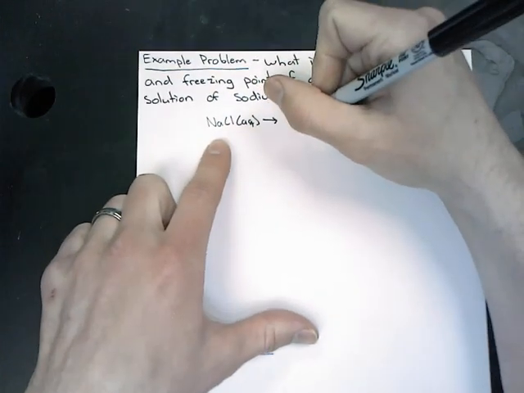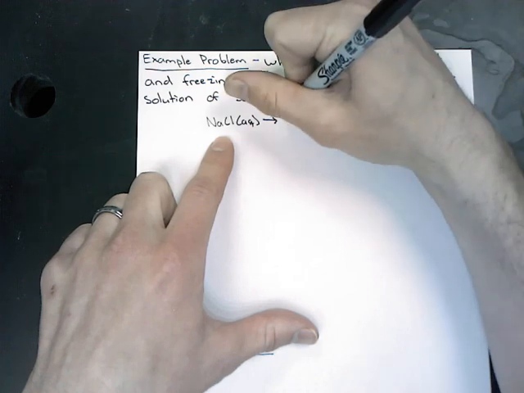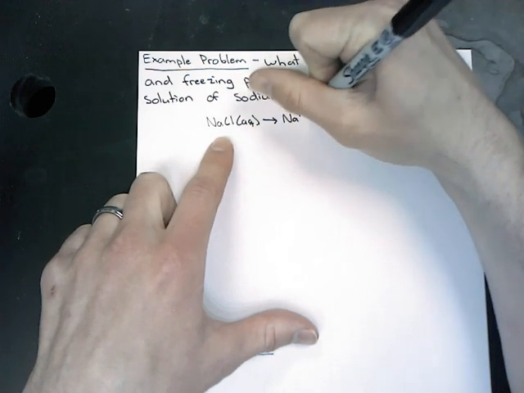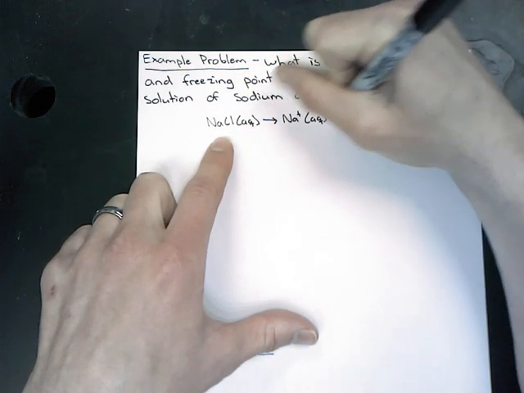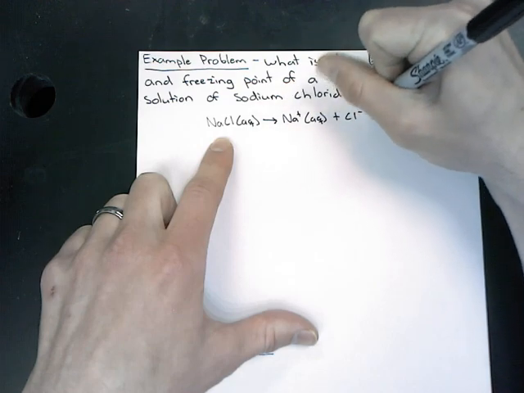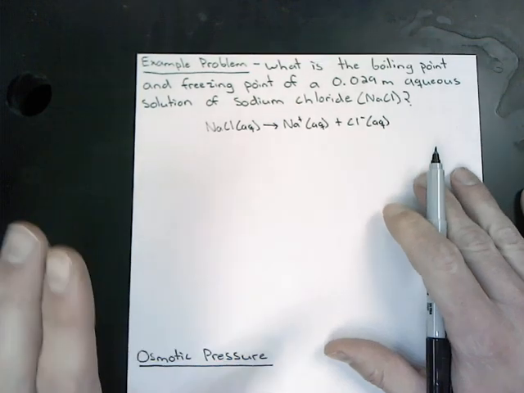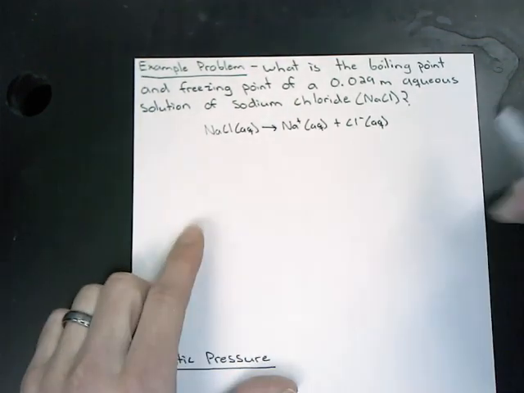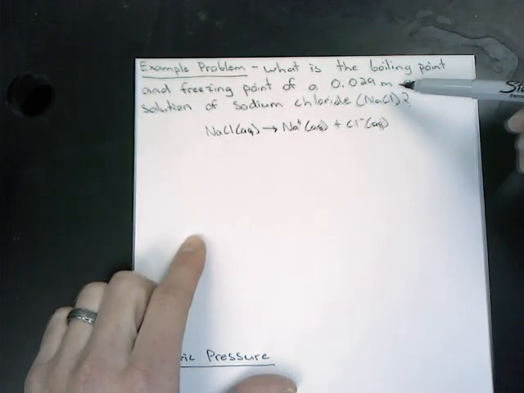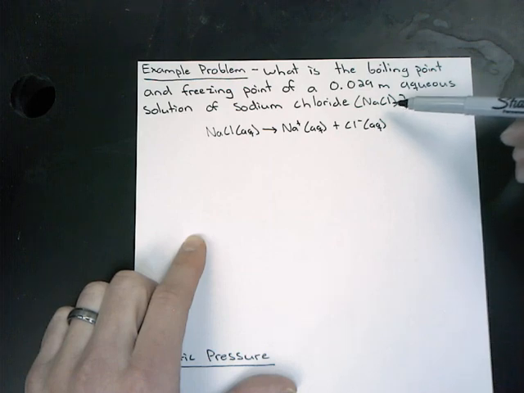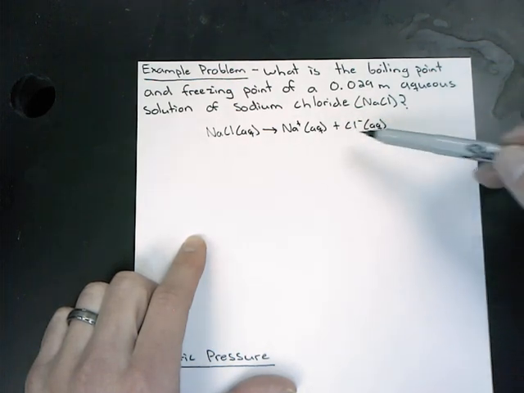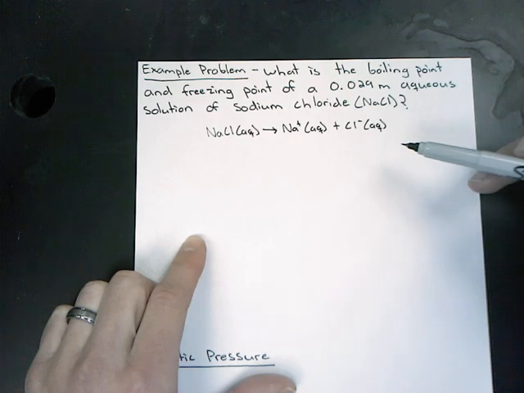So what that means is that sodium chloride is actually going to break into Na+ ions and Cl- ions. So what this means is that we have to consider the molality of the entire compound here, and we have to do a little work to find out the total molality of this particular solution.